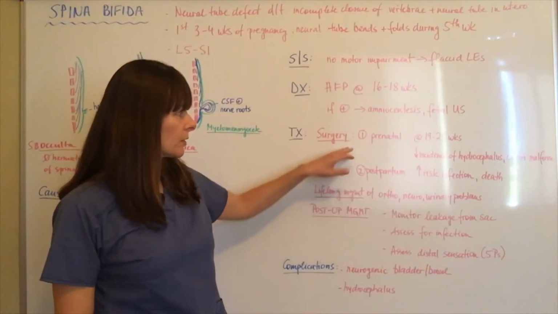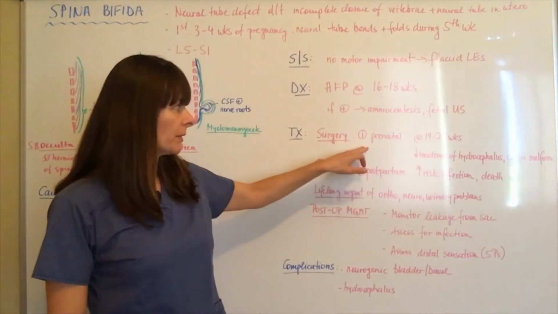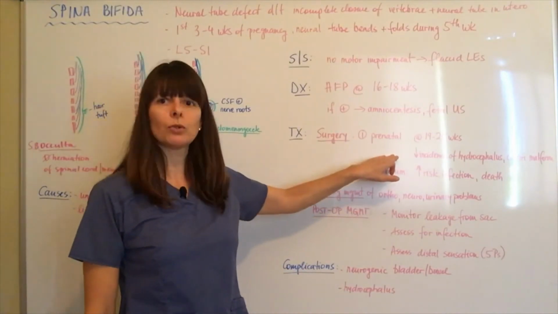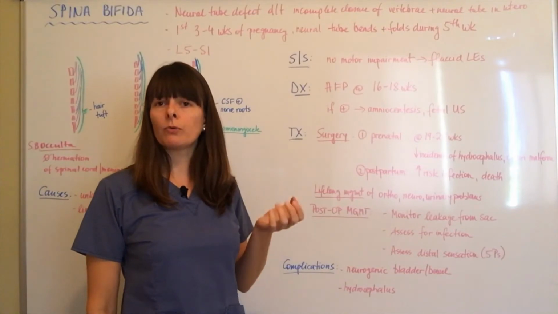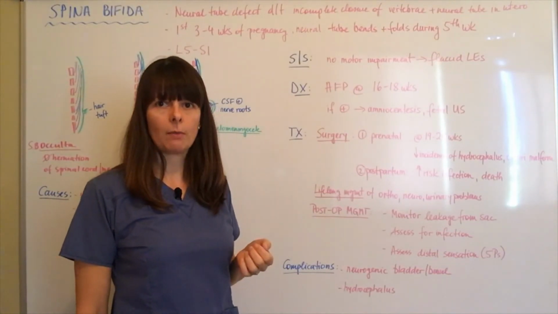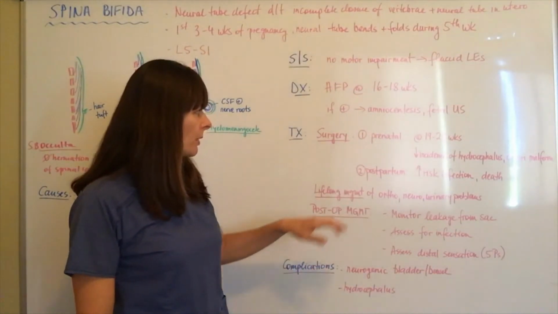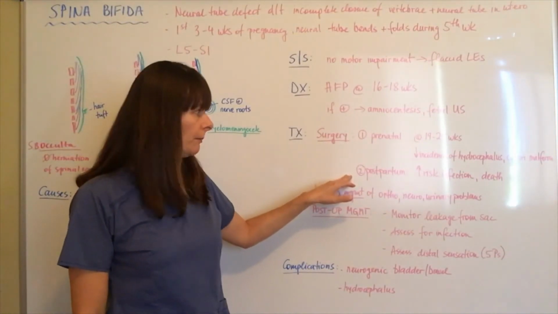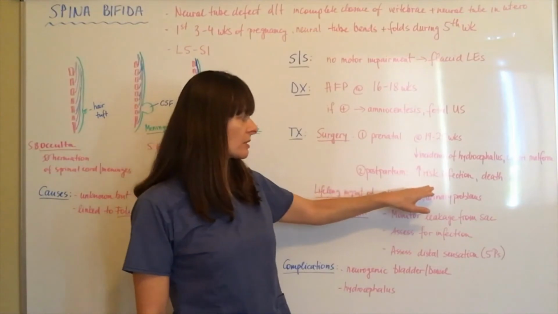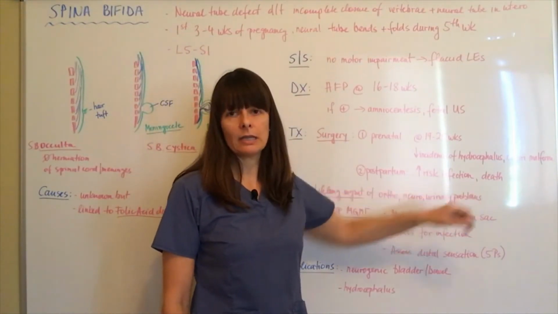So prenatal surgery, which was discussed, has the benefit that it would decrease that sucking of the brain down into the spinal canal, hopefully preventing some of those complications. Now, surgery is also performed postpartum, but there's an increased risk of infection and death in the infant.